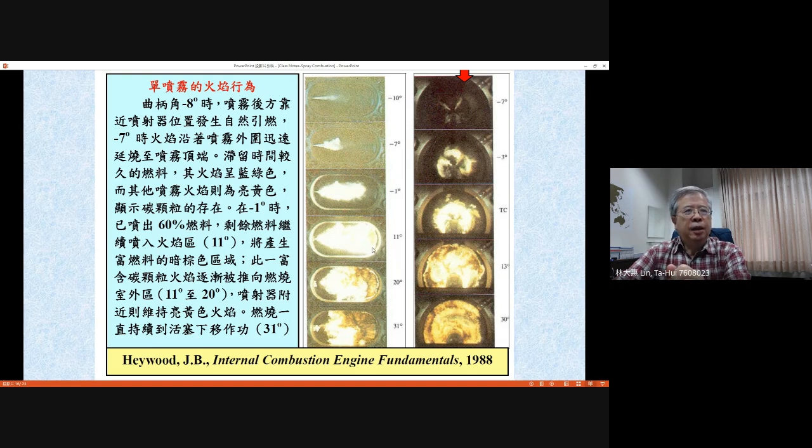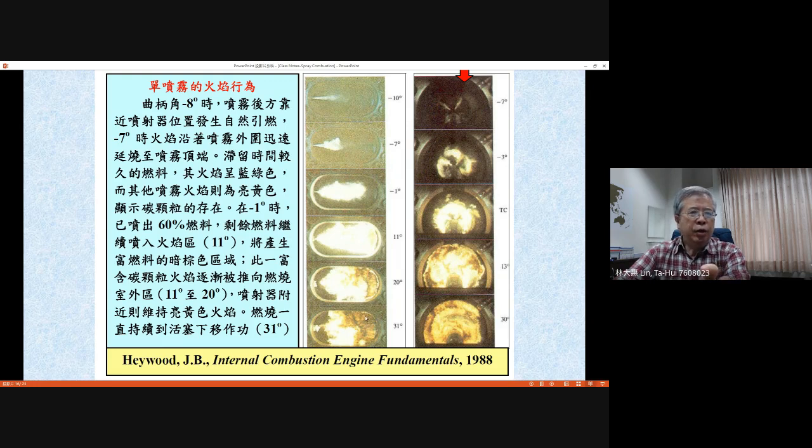Typically, for example, at the critical angle around 20, you can see a darker region occurs. That means in this region you will have more fuel concentrated, and those kinds of products are also produced in this region.